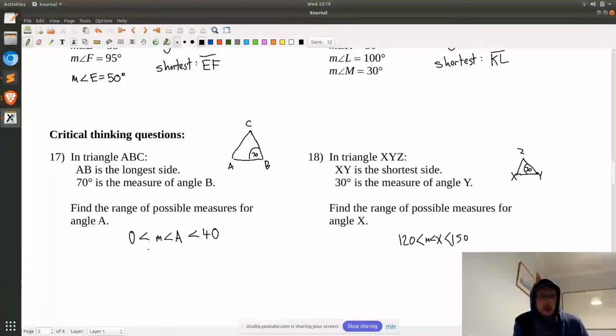And over here we check. AB is the longest side. So C is the largest angle. So C has to be 70 minimum, which means that A is 40 maximum.